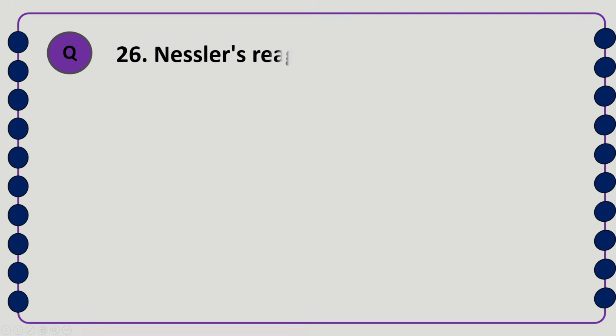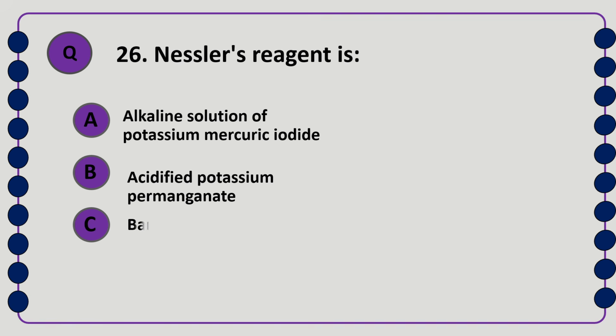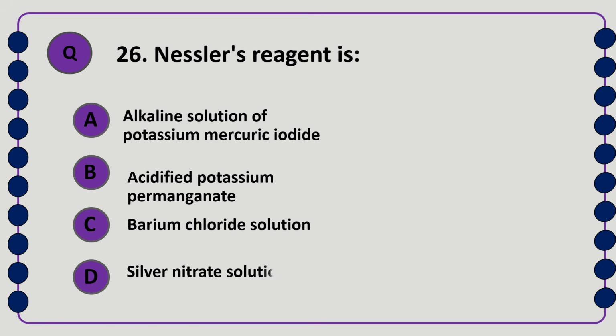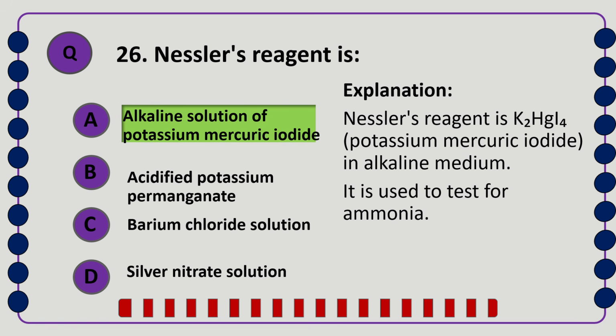Question number 26. Nessler's reagent is alkaline solution of potassium mercuric iodide, acidified potassium permanganate, barium chloride solution, or silver nitrate solution. Answer is alkaline solution of potassium mercuric iodide, and this Nessler's reagent is used for identification of ammonia gas.